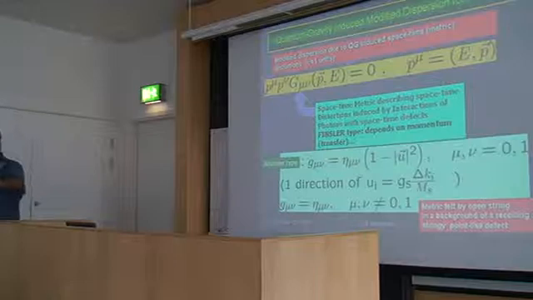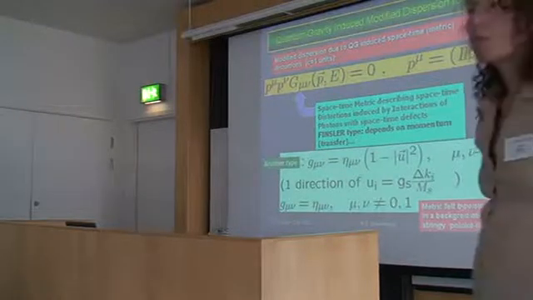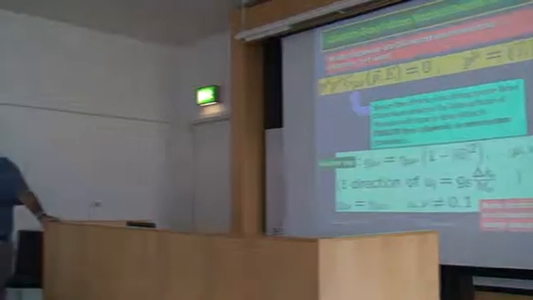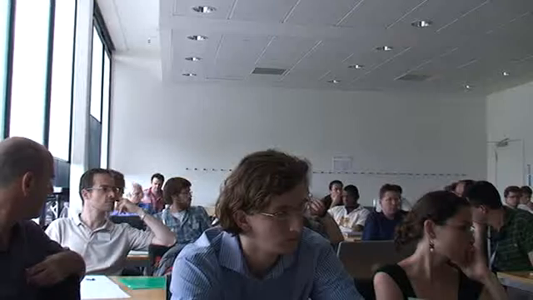Let me make a very simple statement. From the point of view of phenomenology, we have been trying to understand if there is an effect where the speed of light depends on energy, where there is one formula. The speed of the photon is c times 1 minus the energy over some quantum gravity scale. The MAGIC collaboration claims to have made a measurement of that M quantum gravity of roughly 10 to the 18 GeV.